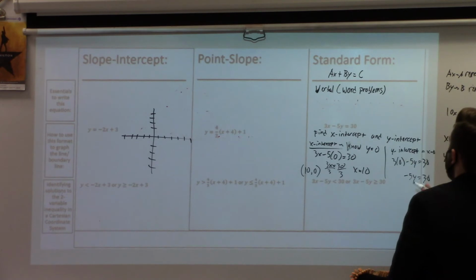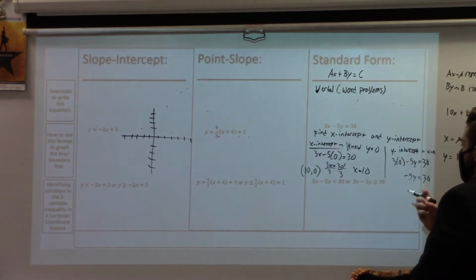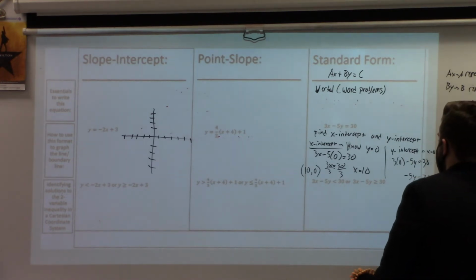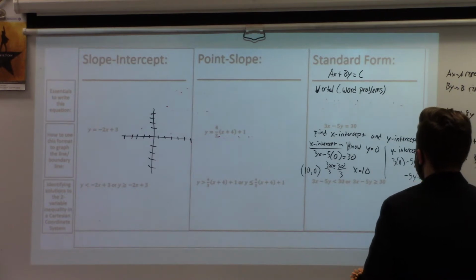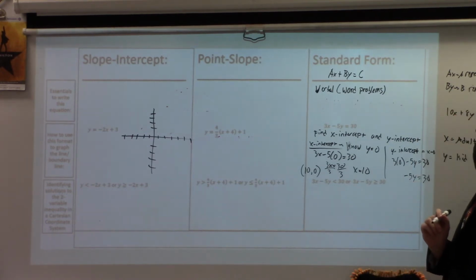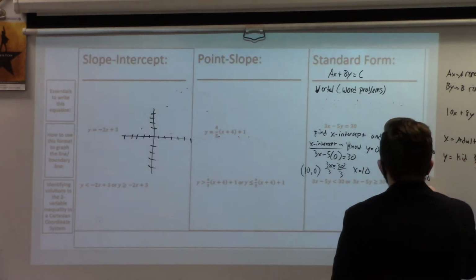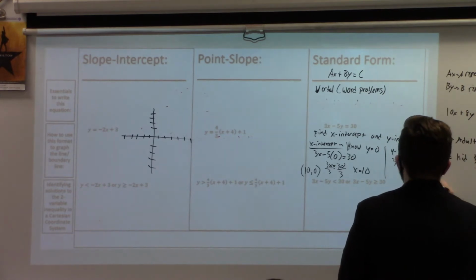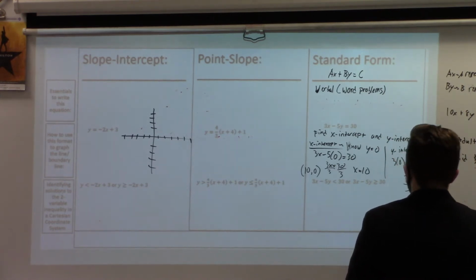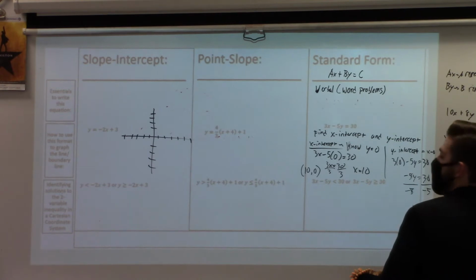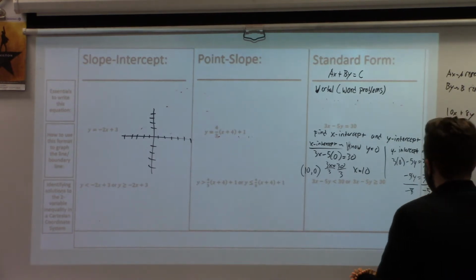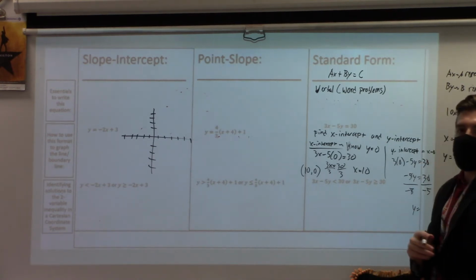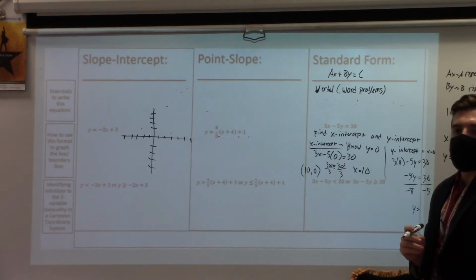So now, what would we get for y? Negative 5y equals 30. What's 30 divided by negative 5? Positive 6. So a positive number divided by a negative number is negative or positive?